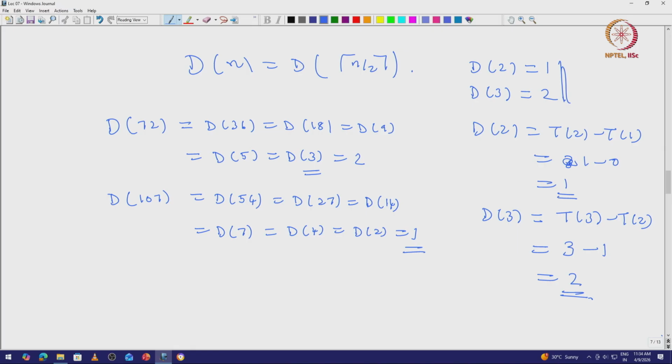So, if you start from 72, keep going by the formula n by 2, you land in 3. You start from 107, you land in 2. So, the process of replacing n by 2 may take you to 3 or may take you to 2.